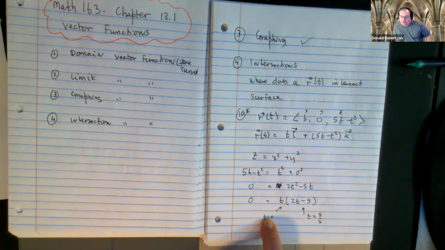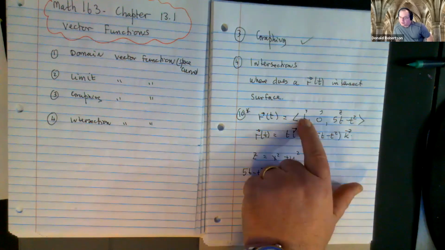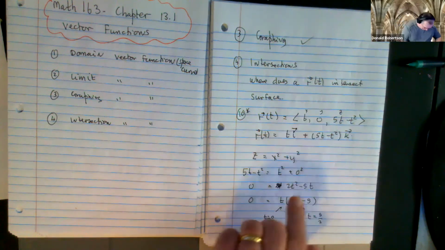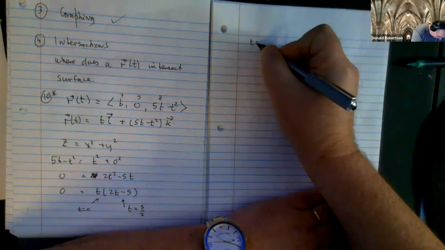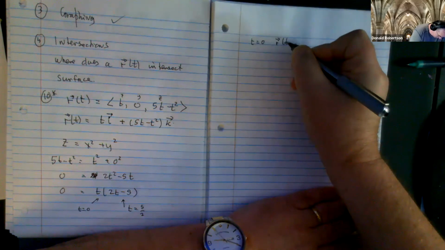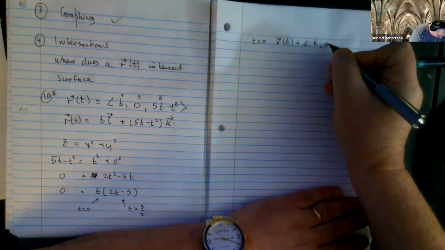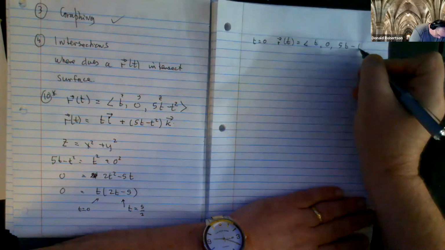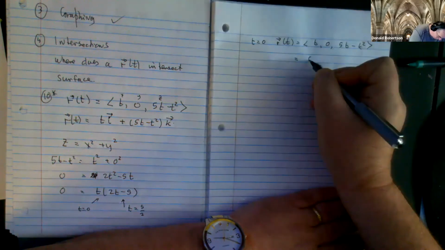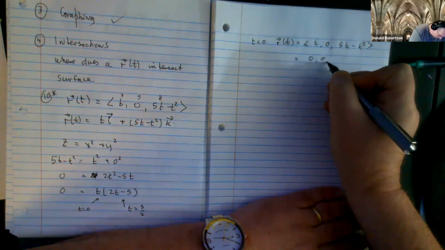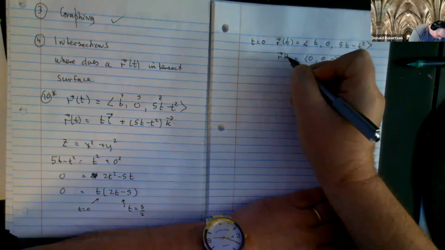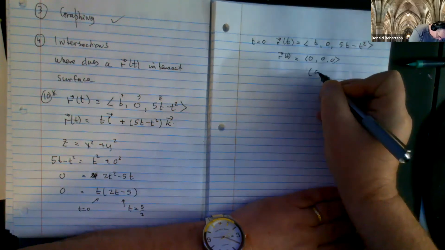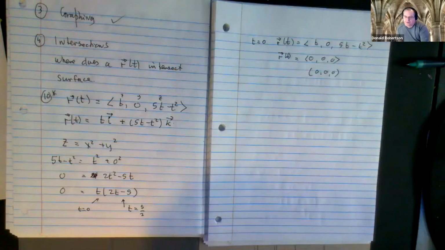So don't you then just return back to here? You plug in 0, and you'll get the coordinates of the first one. So let me do that. If you put t equals 0 into this space curve, you get 0, 0, 0. We call this a position vector. It's really the same thing as the coordinates. So there's your coordinate, 0, 0, 0.